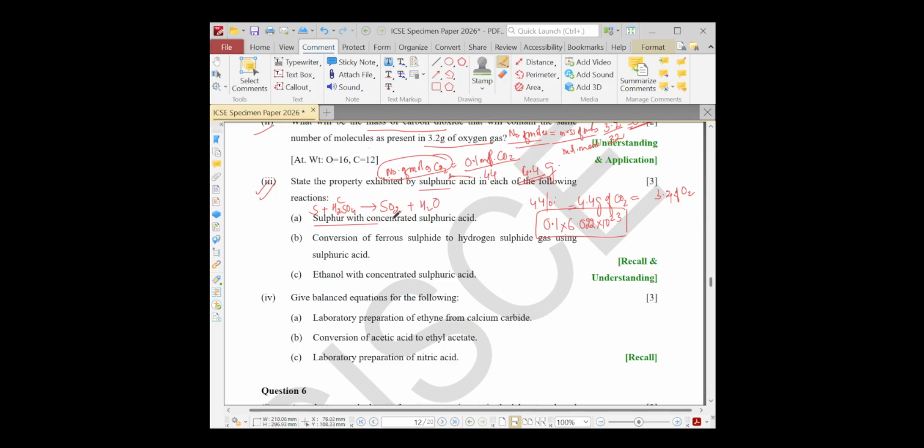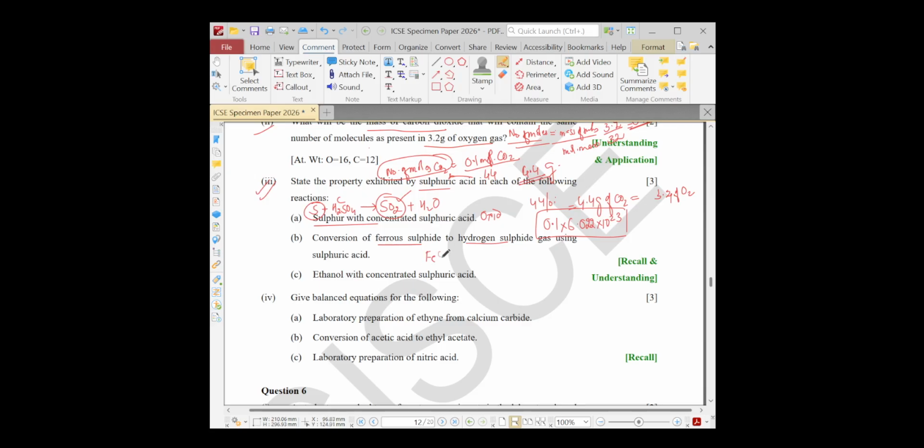When sulfur is changed to sulfur dioxide, sulfur is getting oxidized. So the property here is oxidizing. Why oxidizing? Oxygen is added.